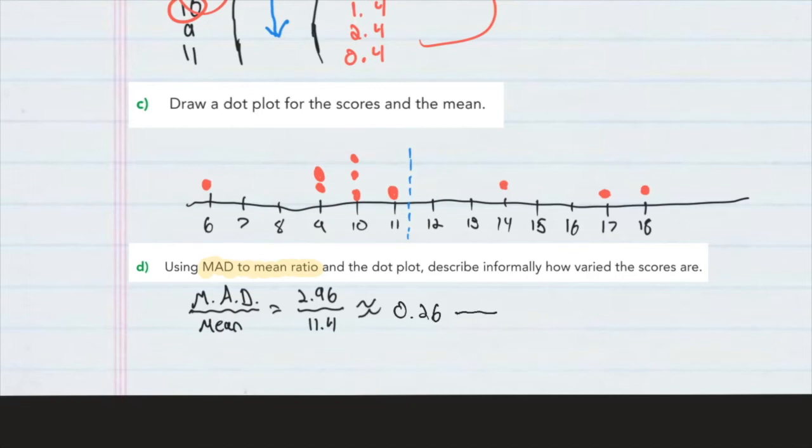And then as a percent, we just take that decimal and move it over 2 places. So it's 26%. And 26% is a relatively low ratio, which means that the scores don't vary that much.